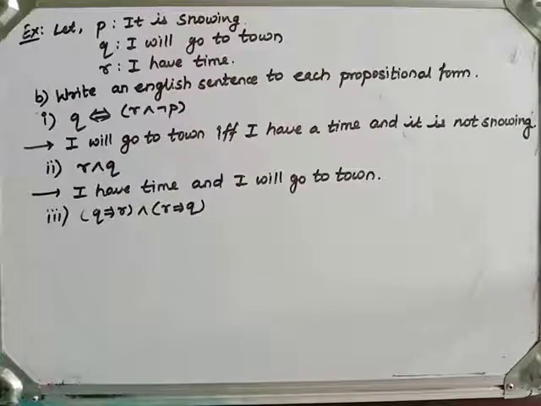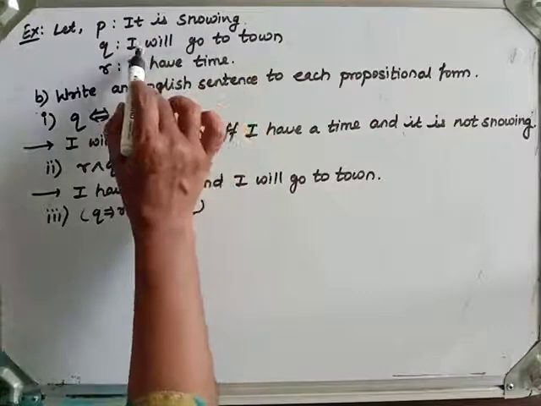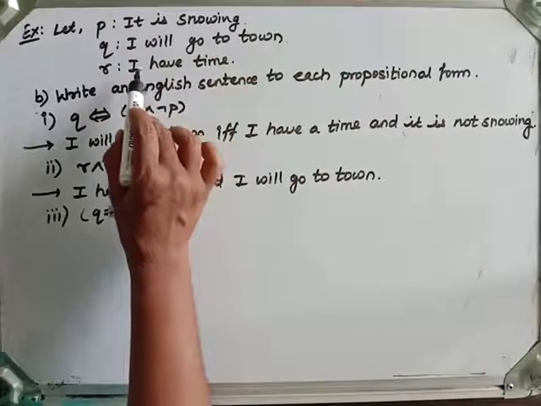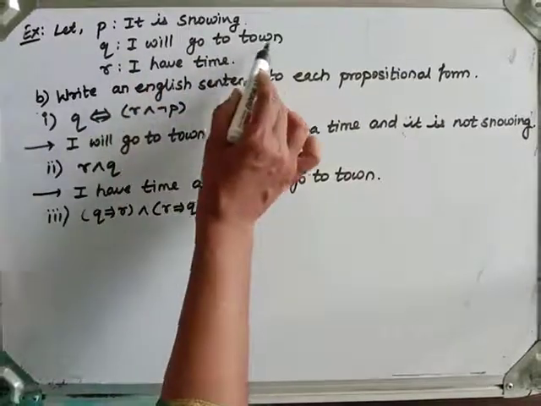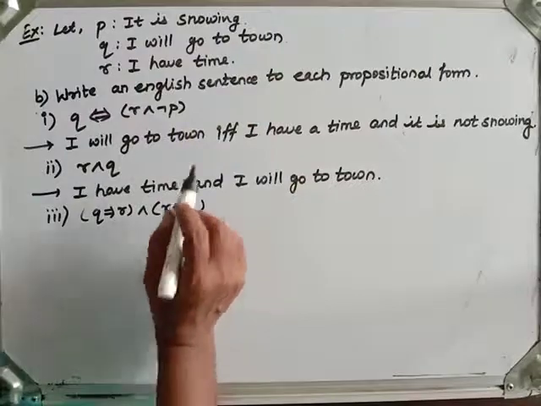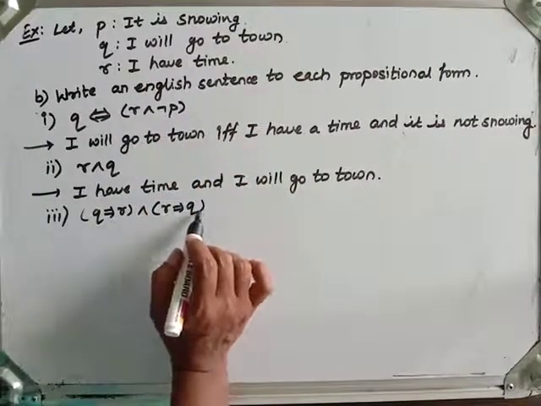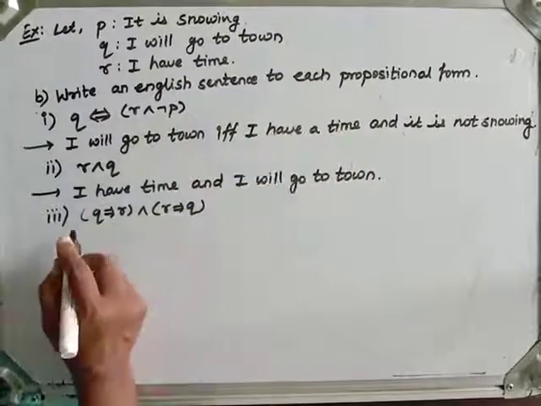Now here, Q implies R means what? If I will go to town, then I have time, or I will go to town only if I have time. And R implies Q: if I have time, I will go to town.